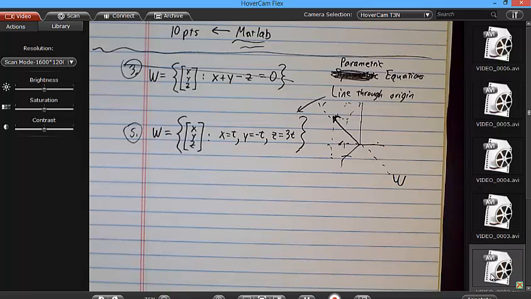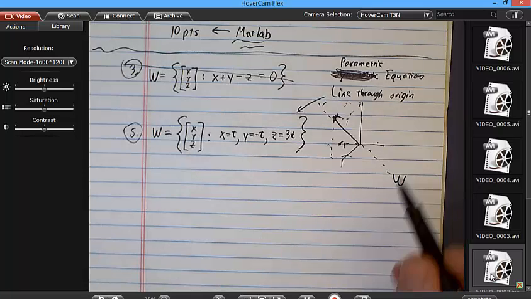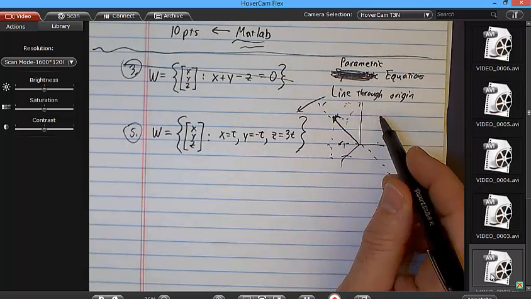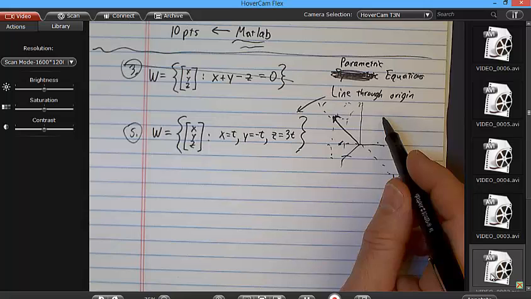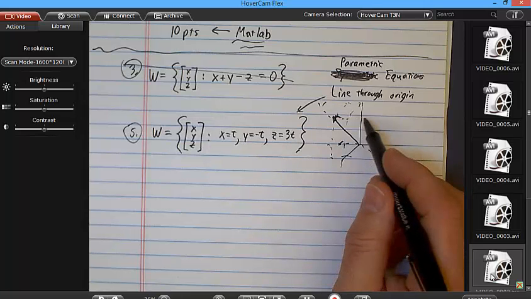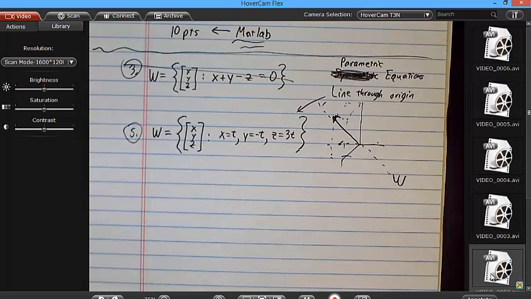So now, W perp, well, it's going to be how many dimensions? 2-dimensional. Laura, are you with me or no? Trent? Mike? Tell me. 2-dimensional, right?